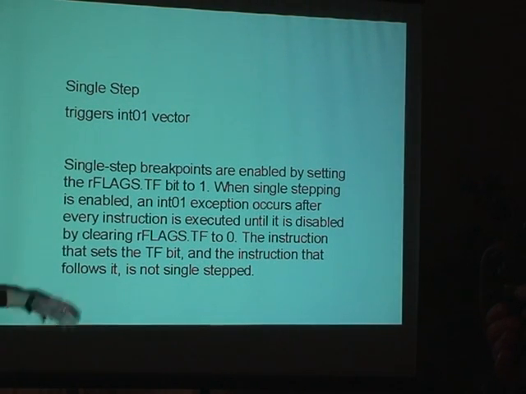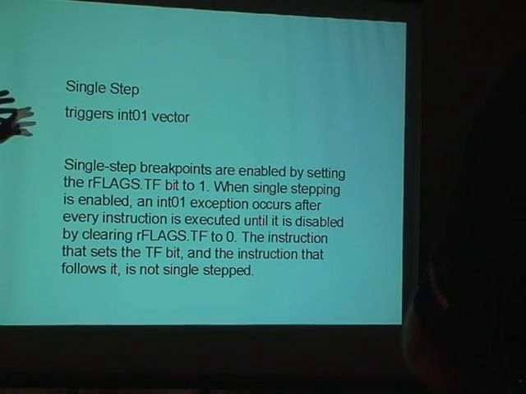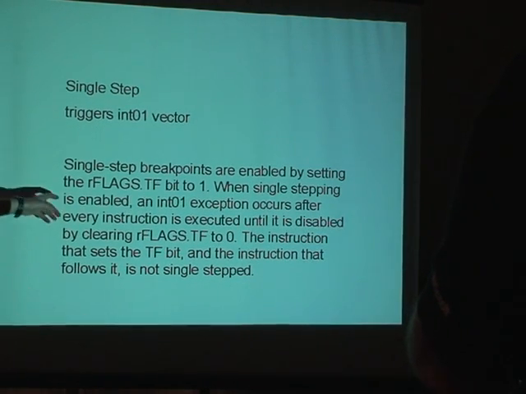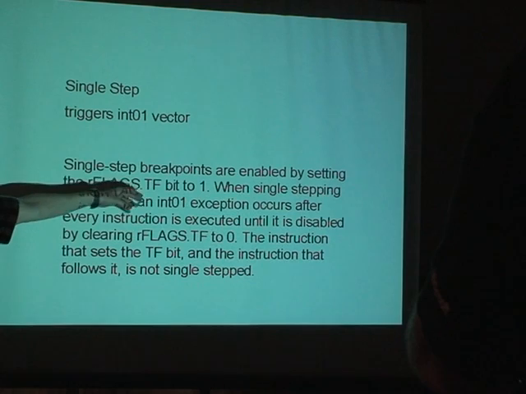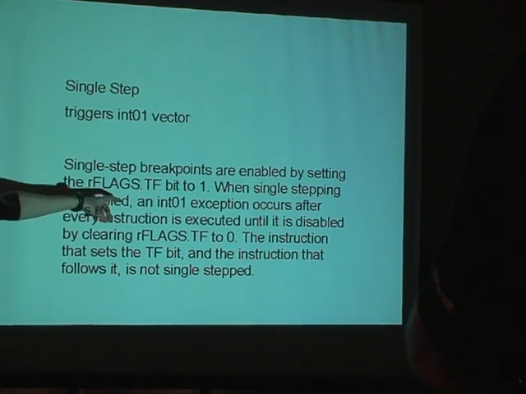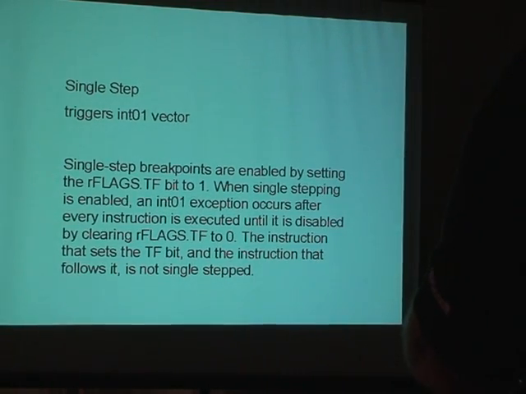Single step, what does it mean? This single step triggers interrupt 1 again, just like debug registers. It's the same breakpoint, the same interrupt handling. Single stepping is very easy to do. I showed you the example, the trap flag bit, which is bit 8 of the flags register. Push flags, or the word at stack pointer, bit 1 shift left 8, and pop flags, and this bit is set.